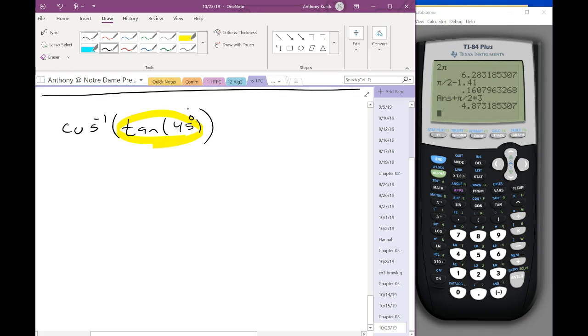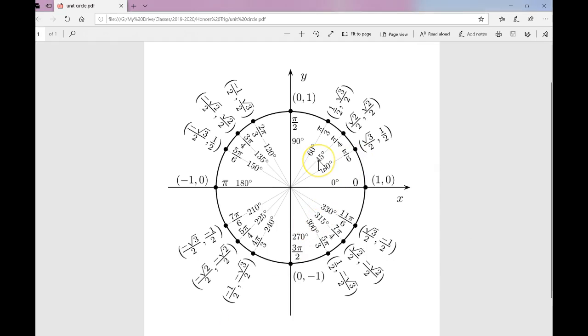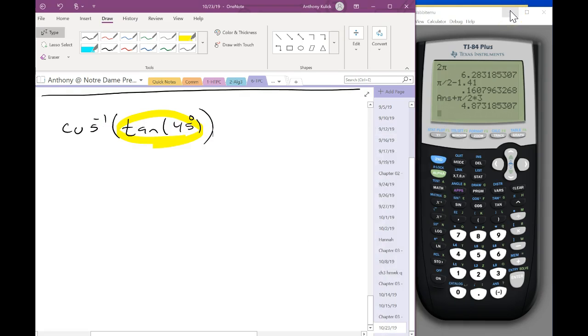Yes. Where could I find tangent of 45? On the unit circle. So tangent is y divided by x. What would tangent of 45 be? 1. So this is going to equal cosine inverse of 1.